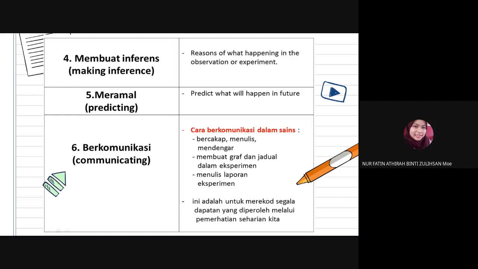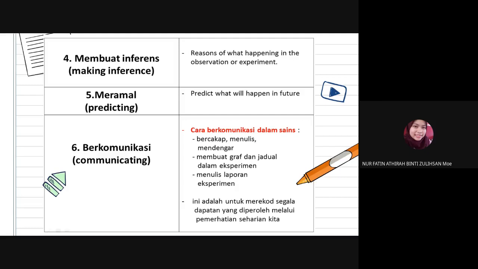Whenever in any experiment you want to record your results, you draw graphs or tables, which means you are using communicating skills. Why are communicating skills important? Because they help you record all the results that you get from the experiment. Class, understood? Good. So that's all six skills in science.